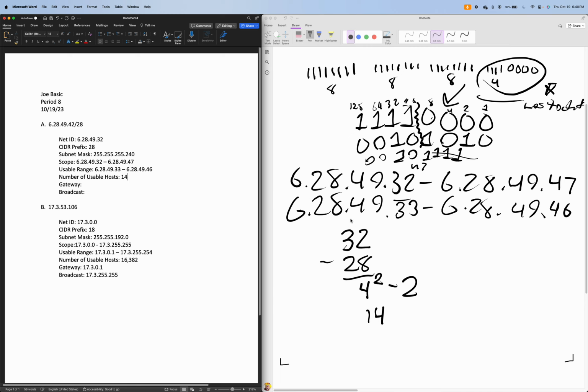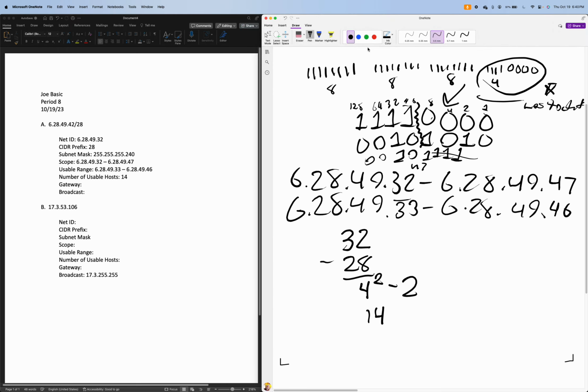Your gateway, now this is pretty simple. Give me a moment. The gateway is pretty simple. It is the lowest plus 1. So it is this one. Let me get my highlighter. And your broadcast is this one.